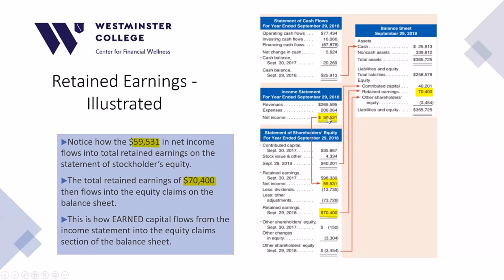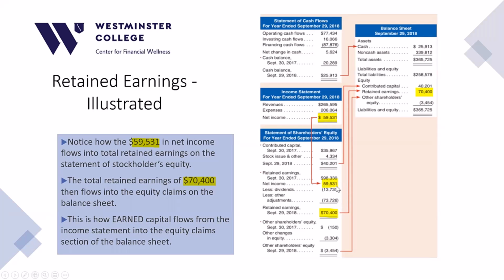Notice that it flows down into the statement of stockholders' equity, into the section called retained earnings. We know that. And it explains part of the changes to retained earnings from one period to the next.